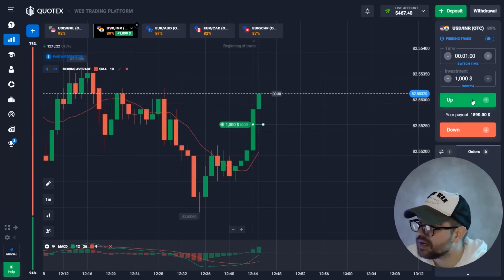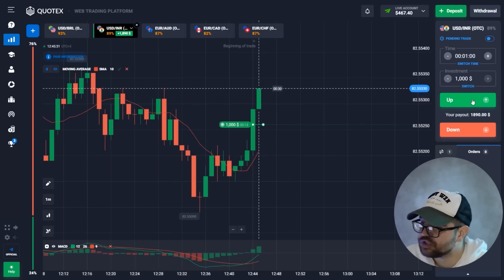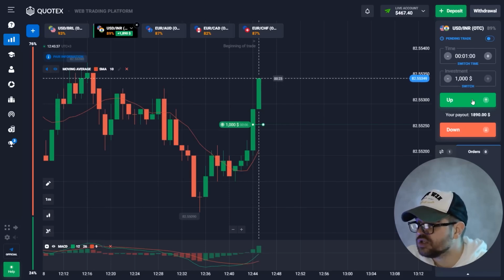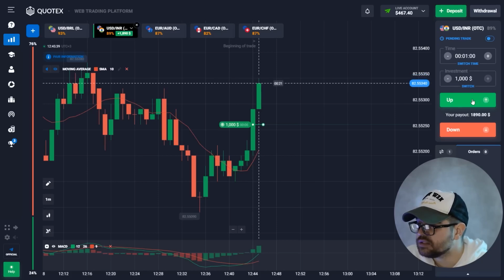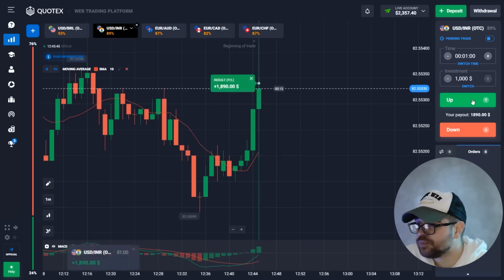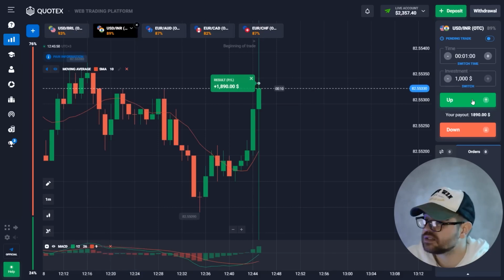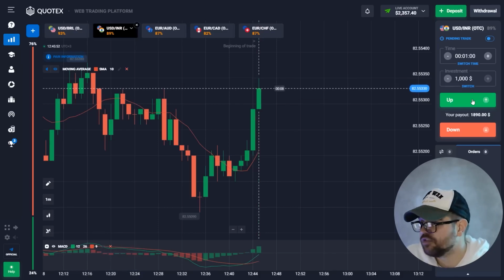But also we see that actually this is what I was talking about. The flat that I was talking about was kind of pushing to the resistance level, and in these situations the market enters into a flat, and it keeps pushing up against the resistance level, in this case a moving average.